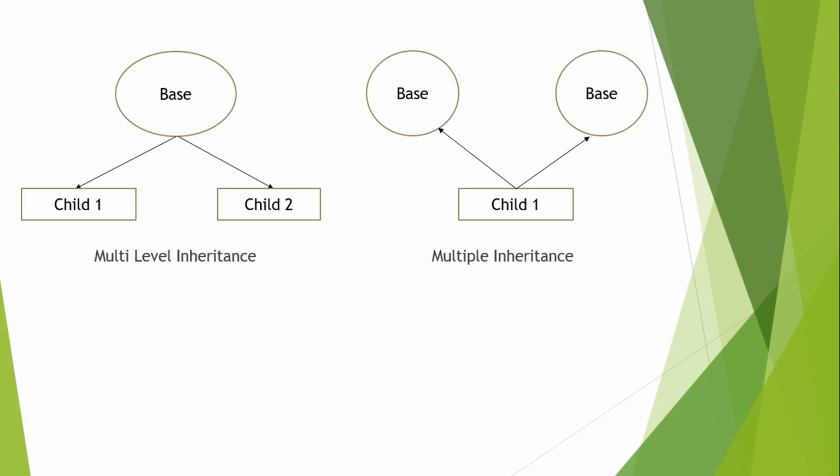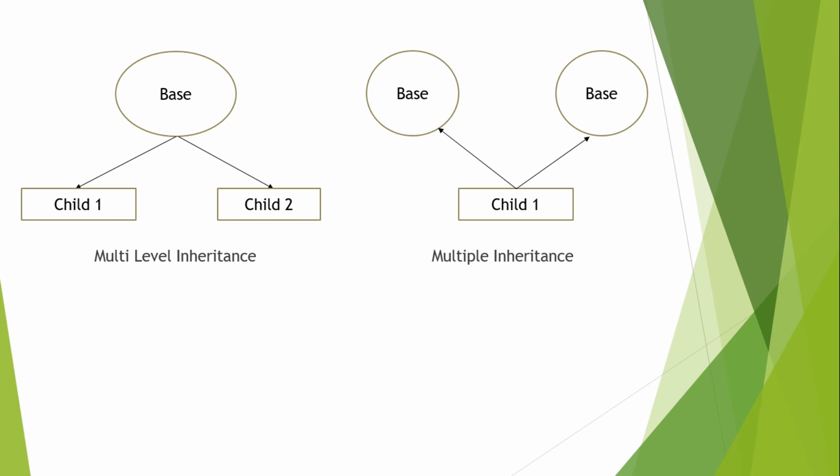But in Java multiple inheritance is not supported, meaning two base classes cannot be inherited by one child class. In short, one child can't have two different fathers. Yet we can have multiple inheritance in Java with the help of an interface. That is the actual advantage of an interface. Why should we use an interface in Java? For this purpose only.